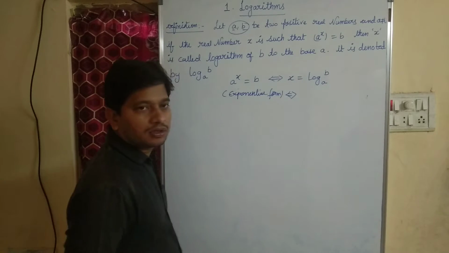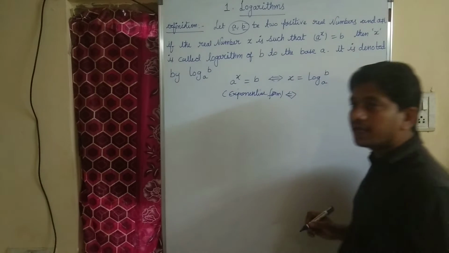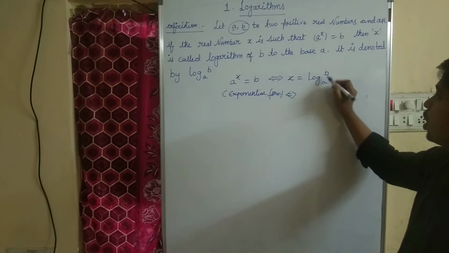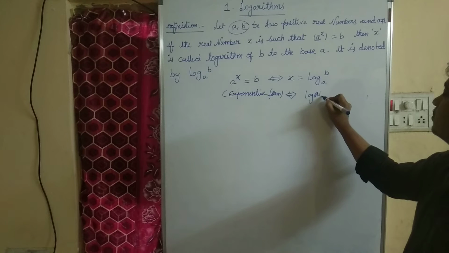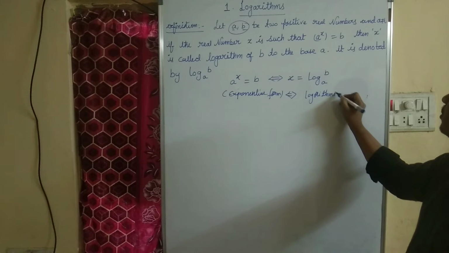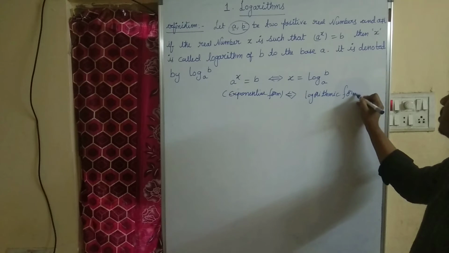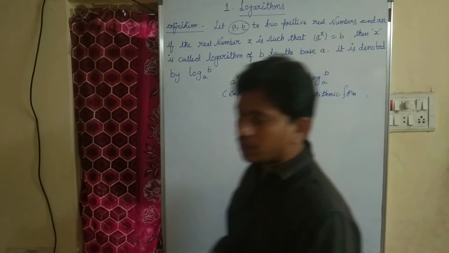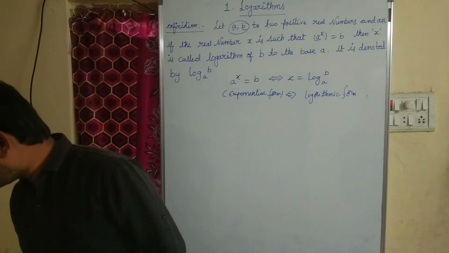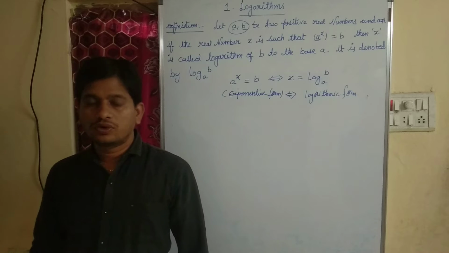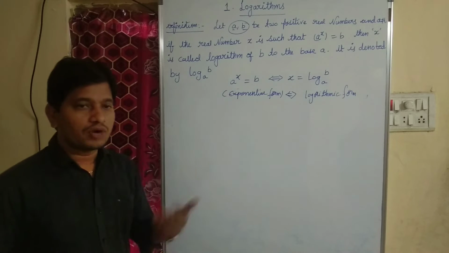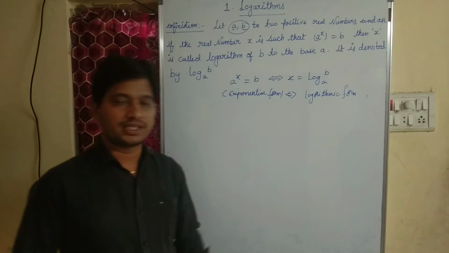Then if a power x is equal to b, then x is equal to log b to the base a. This is called the logarithmic form. Let us see a few examples of how to find the values of log 64 to the base 2 or log 125 to the base 5, etc.